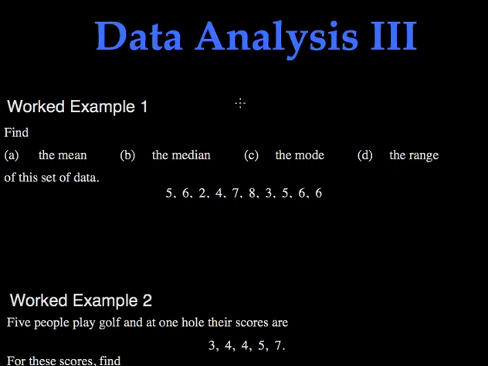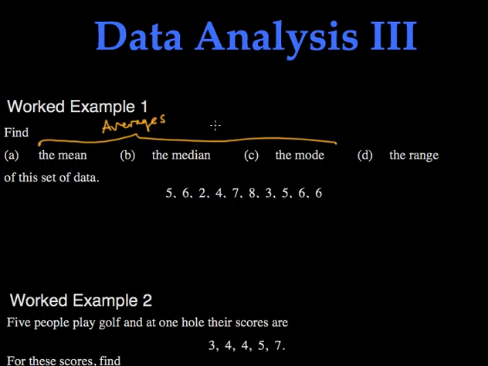Welcome to the first lesson on data analysis, and the first question here is quite simple, I think. Notice all of these terms here are called averages, and it's quite common, in fact, to say to find the average of these numbers you actually mean to find the mean.